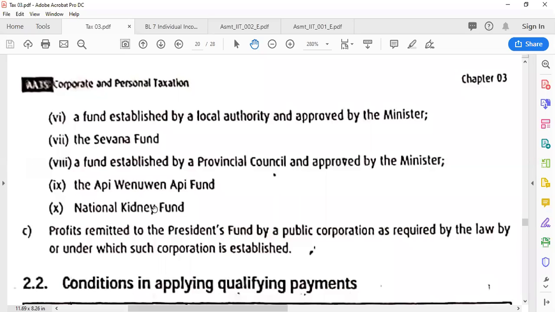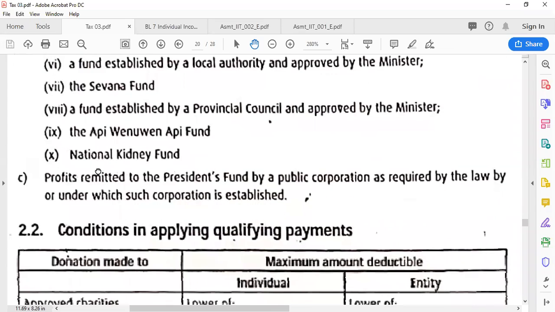So if you give a donation in terms of money or otherwise, it is treated as a qualifying payment. You can deduct that donation from your assessable income. Then your tax liability can be reduced.